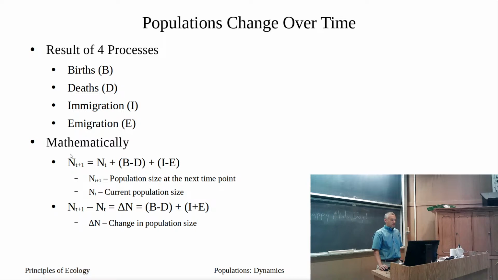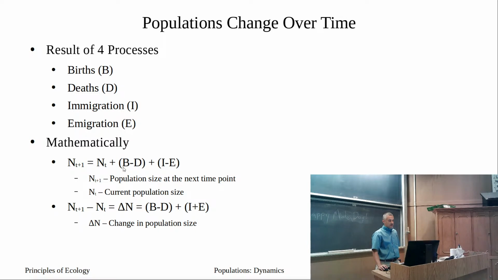So n sub t is our population size at time t, and you can say that's today. Our population size tomorrow would be n sub t plus 1. So one more time, that next time point.